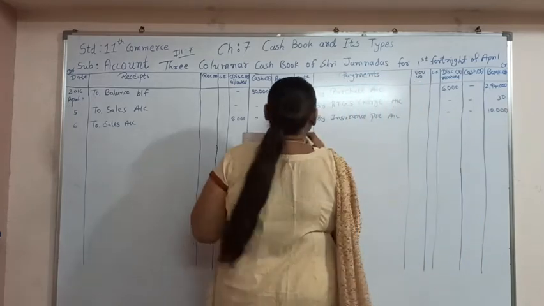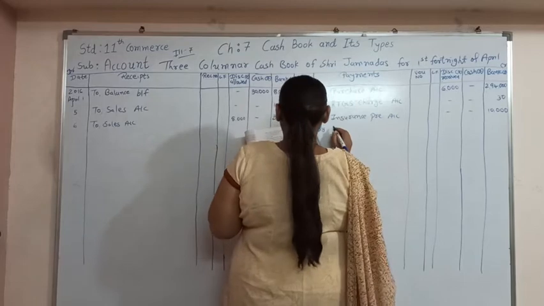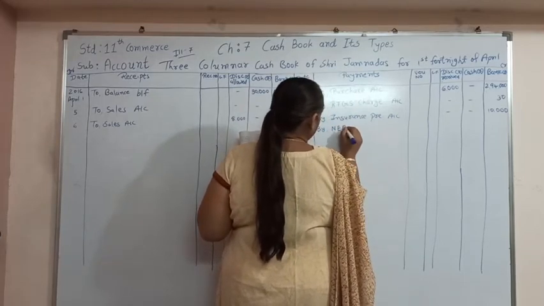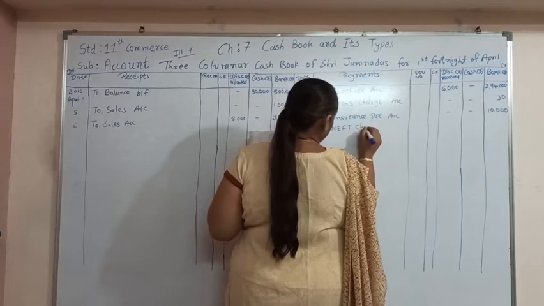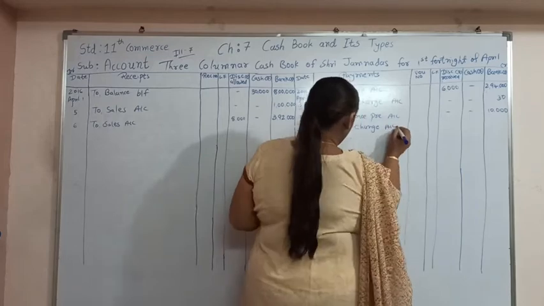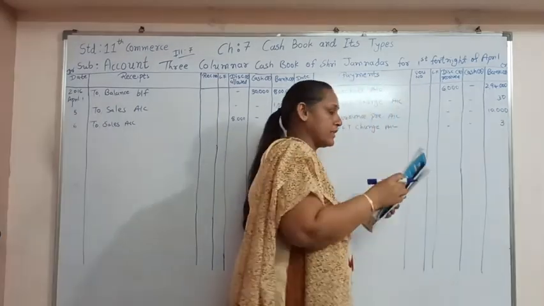And again on 7th date, by NEFT charges account, and the amount is 3 rupees for that.